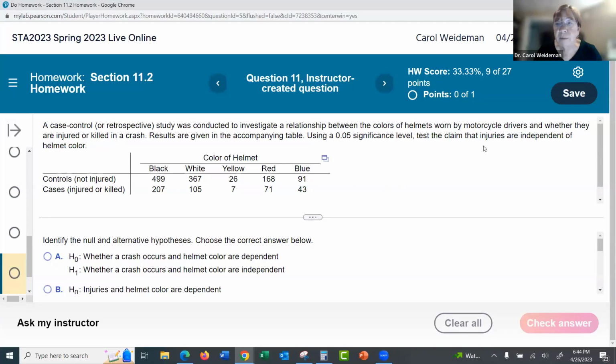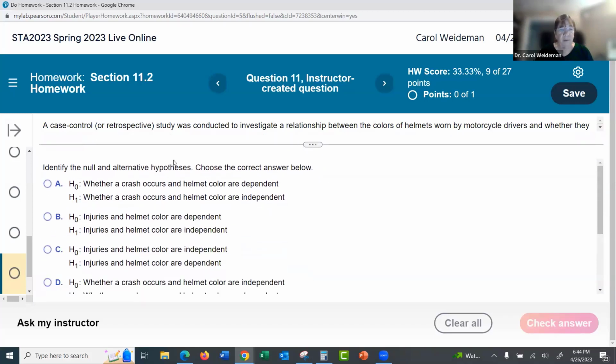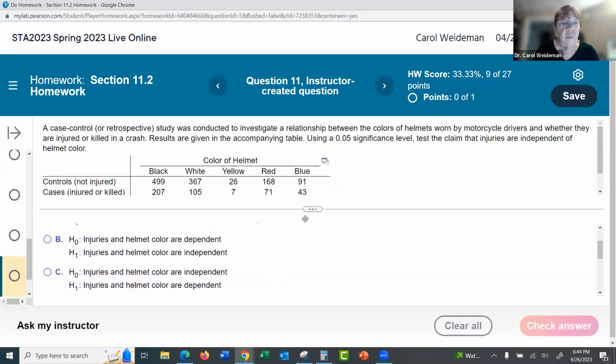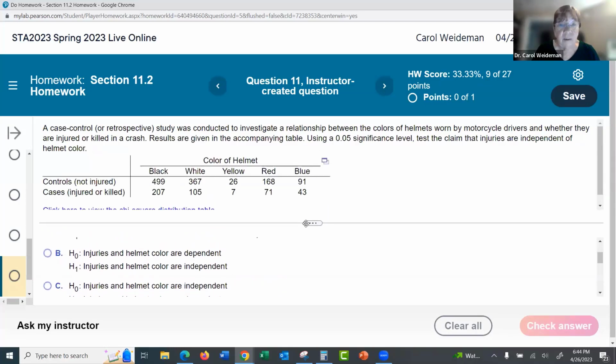The wording is a little odd because up here it says the color of the helmets and then whether they were injured or killed in the crash. I don't really see where it says whether the crash occurred, but it looks like those are the variables they're using here. Oh, no, injuries are here. I'm sorry, I missed it. Yeah, their injuries are here. So they're not really looking at whether the crash occurred. That's why I had to take a look at the question again.